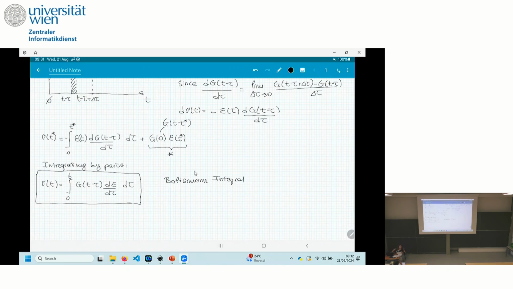The second equation we see: sigma equals minus epsilon dg/dt. Just dg, right? It's the derivative of the relaxation function. But the d tau is a bit too much there, so you don't need the d tau in the denominator.